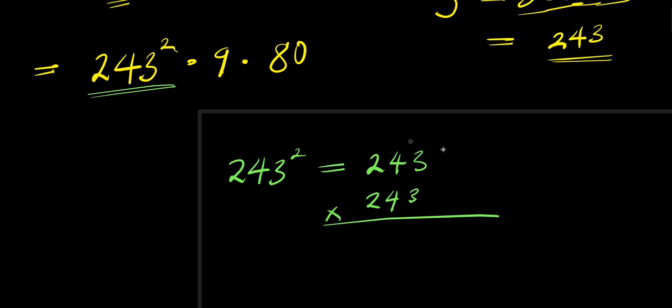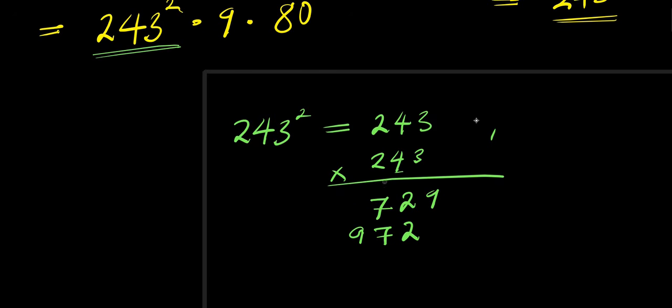So we multiply this out. 3 times 3, that is 9. 3 times 4, 12, 2 carry over 1. 3 times 2, 6 plus 1, we have 7. 4 times 3, 12, 2 carry over 1. 4 times 4, 16 plus 1, 17. 7 carry over 1. 4 times 2, 8 plus 1, we have 9. Then 2 times 3, we have 6. 2 times 4, we have 8. 2 times 2, we have 4.